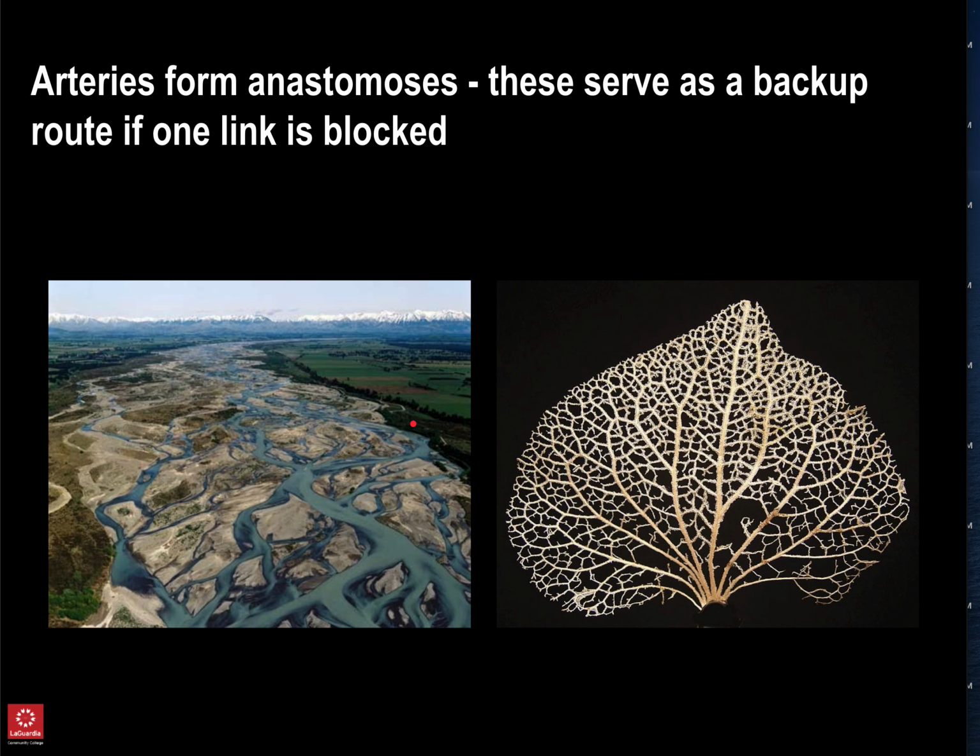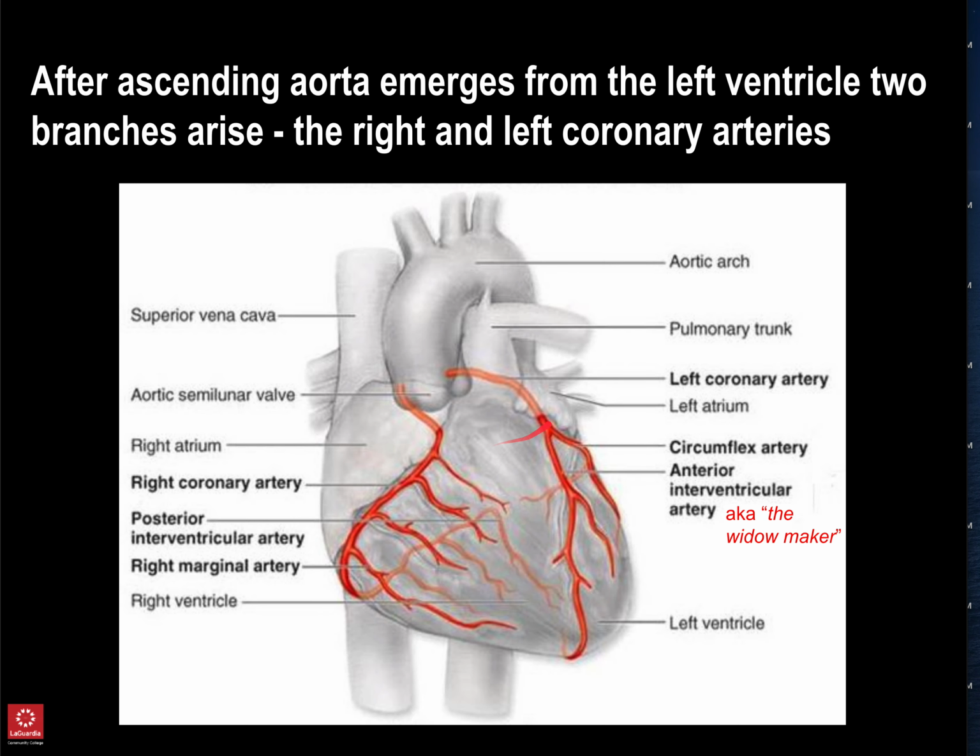And by the way, just to quickly cover this, you see the left coronary artery breaks into the circumflex artery and the anterior interventricular artery, also known as the widowmaker. So usually the reason why it has that name is there tends to be accumulation of plaque right at this branching point.